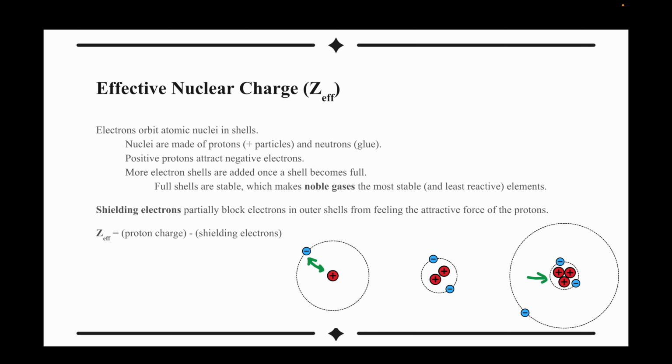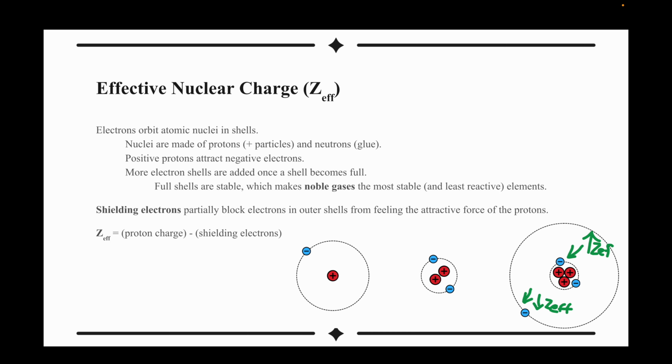Conceptually, we can write this as effective nuclear charge is equal to the number of proton charge minus the number of shielding electrons. In other words, these two electrons feel a much stronger pull from the protons than this electron does here. So this electron on the outside has a lower effective nuclear charge compared to these two electrons, which have a higher effective nuclear charge.